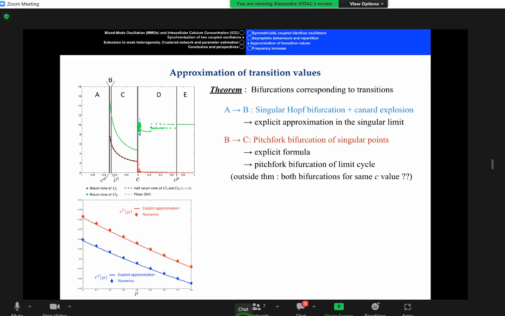But the approximation, so here is the approximation of the values CD and C0, and what we have with the numerics.